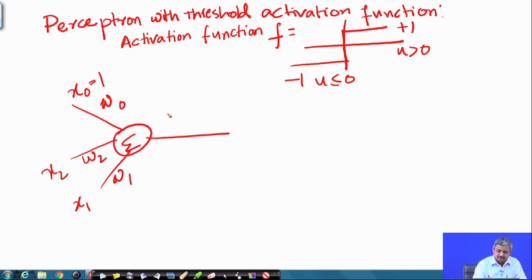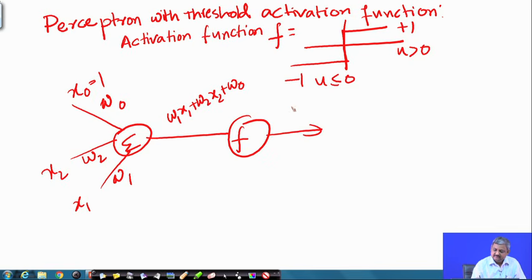So, on this I apply f which gives either y equal to plus 1 or y equal to minus 1 depending on the sign of this quantity, greater than 0 or less than 0, this function. Okay.